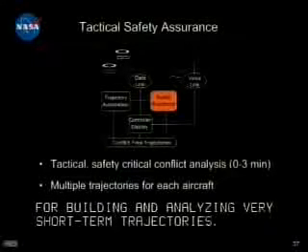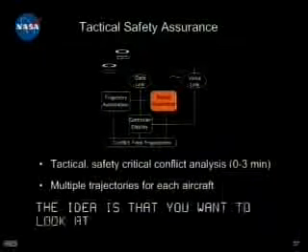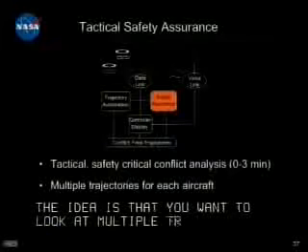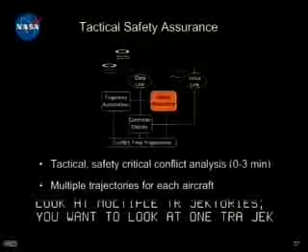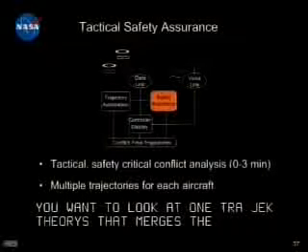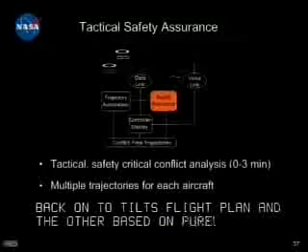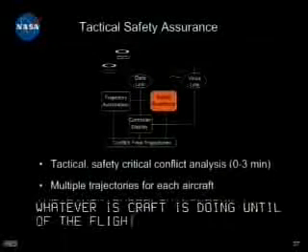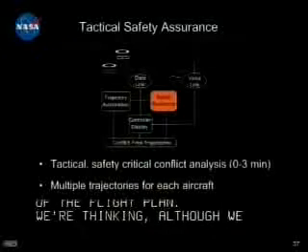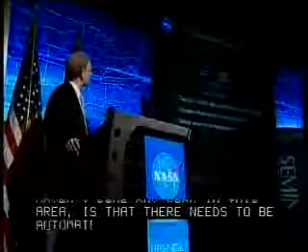The idea is that you want to look at multiple trajectories. You want to look at one trajectory that merges the aircraft position back onto its flight plan, and another trajectory that is based purely on what the aircraft is doing, independent of the flight plan. We're thinking, although we haven't done any work in this area, that there needs to be automated safety assurance maneuvers folded into this, but that will come in the future.